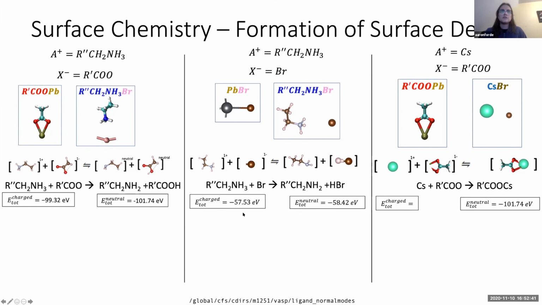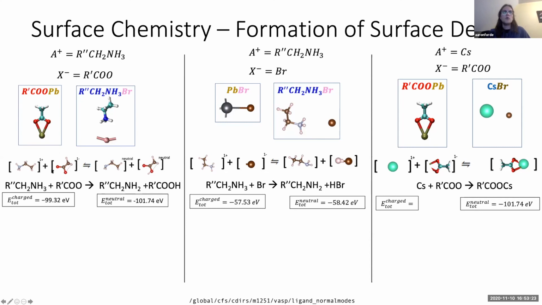If I compare total energies for the different ligand pairs, in most of the cases the total energy is reduced when they participate in some chemistry. If we just remove one of the ligands, it will still remain charged, or the nanocrystal will start to have an imbalance of charge because one is plus and one is minus.